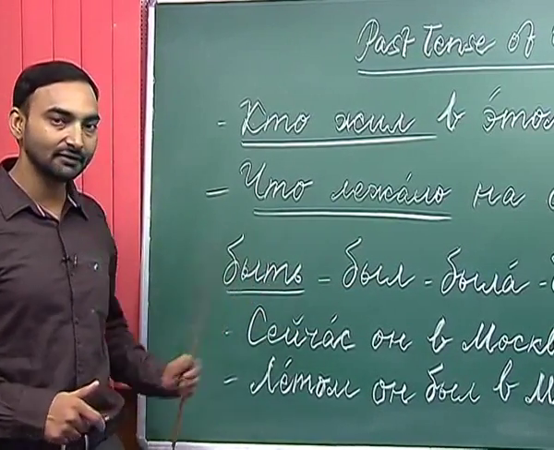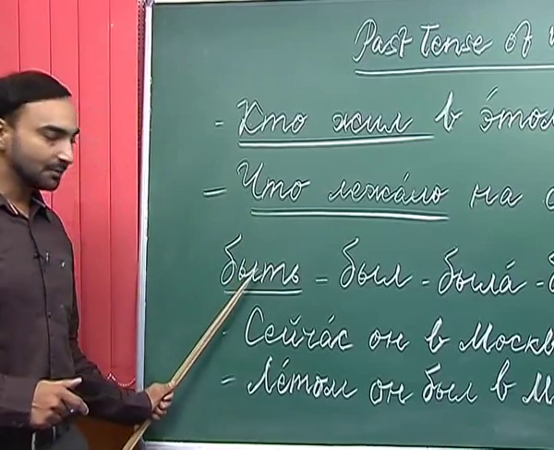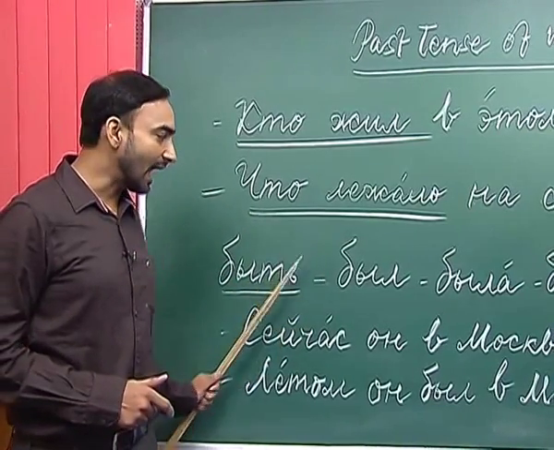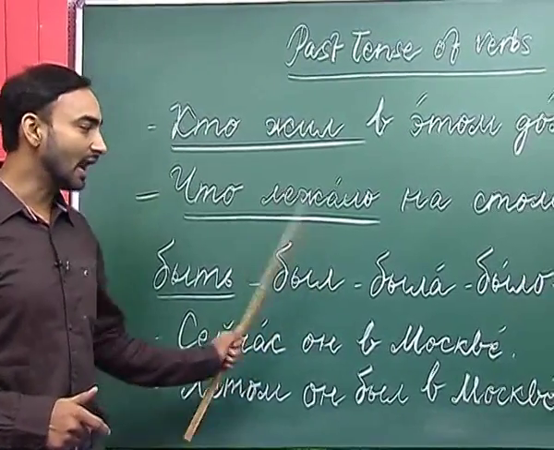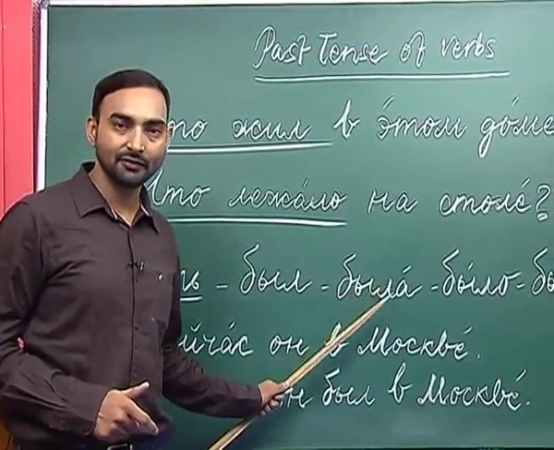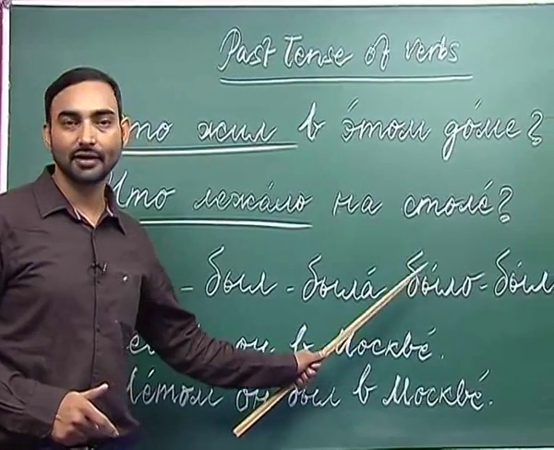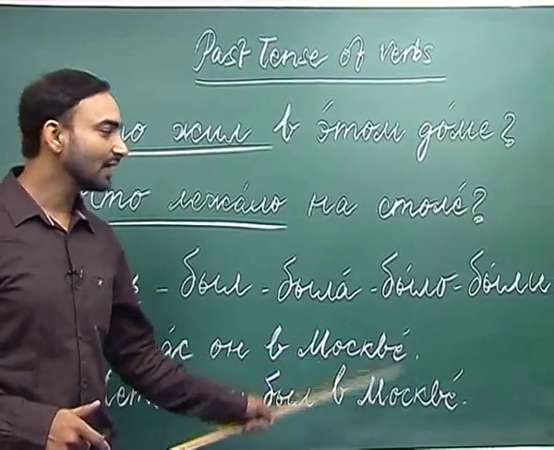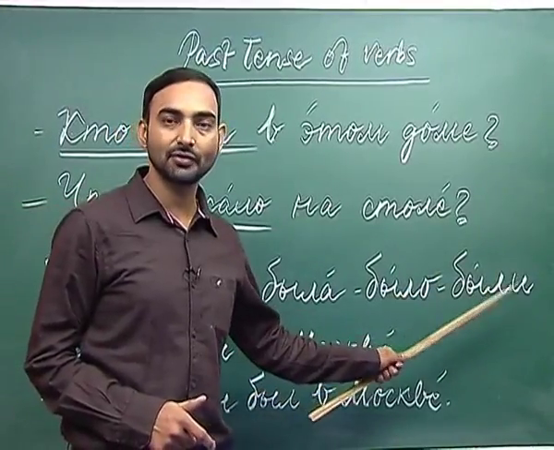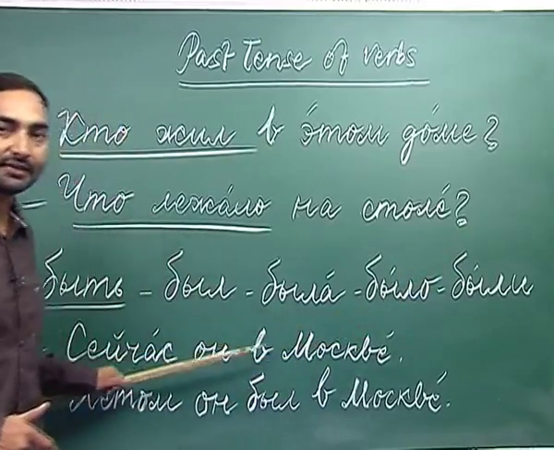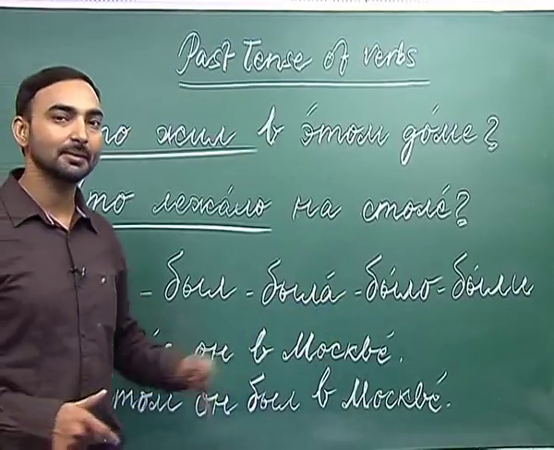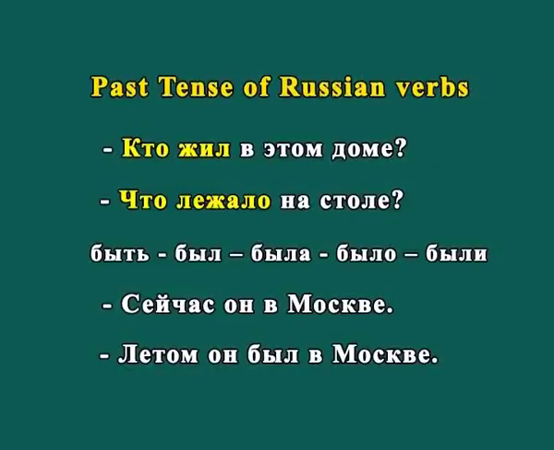Again we do the same thing: remove the -t' and soft sign and add -l to get its masculine form, -la to get its feminine form, -lo to get its neuter gender form, and -li to get its plural form. So we have byl, byla, bylo and byli. These are the past tense forms of the verb byt', which means was.